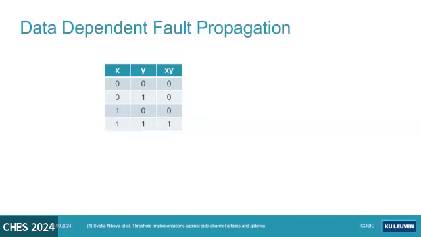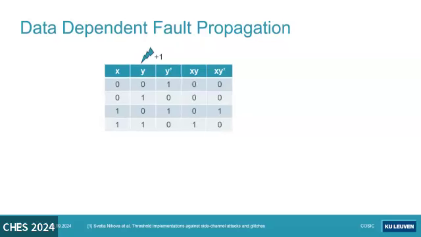Let's see what data-dependent fault propagation is on a simple example. This is a truth table of an AND gate. We have two inputs and one output. Now we inject a fault into Y, of the form bit flip, and this is the new value of Y. Now we change one of the inputs, and obviously we expect some changes in the output as well. This is the new updated output.